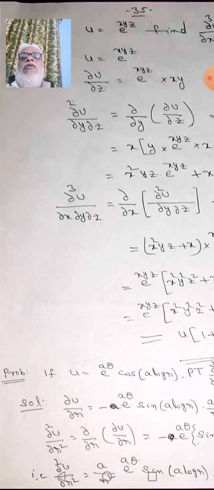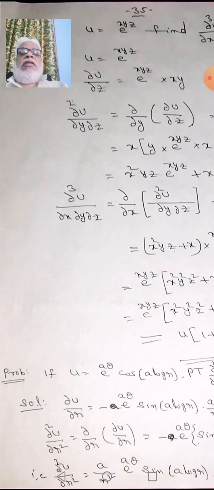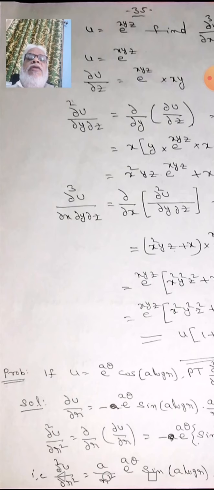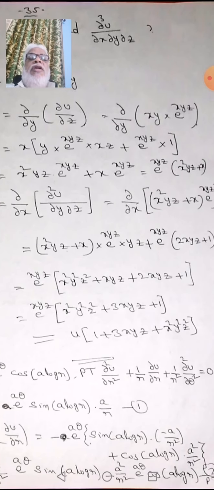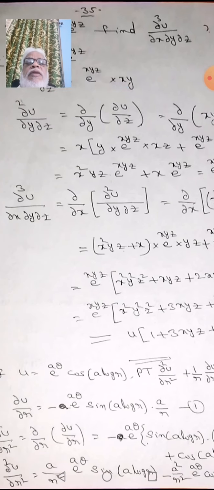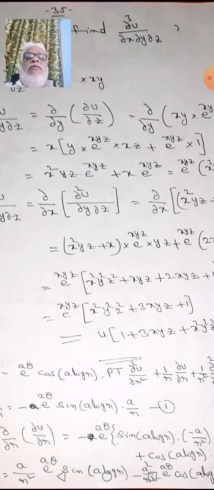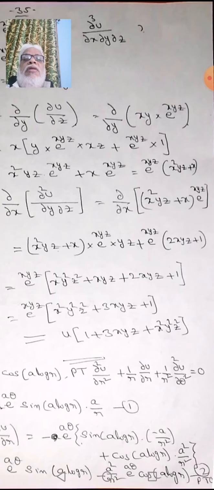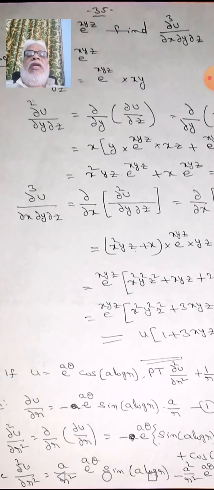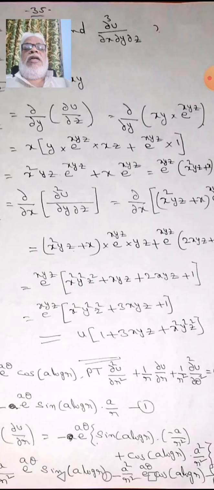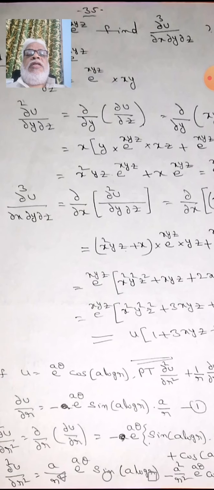Again dou 2u by dou y dou z can be written as dou by dou y of dou u by dou z. We know the value of dou u by dou z, so that is dou by dou y of xy into e power xyz. Here x is common, because differentiating partially with respect to y, x is treated as a constant.